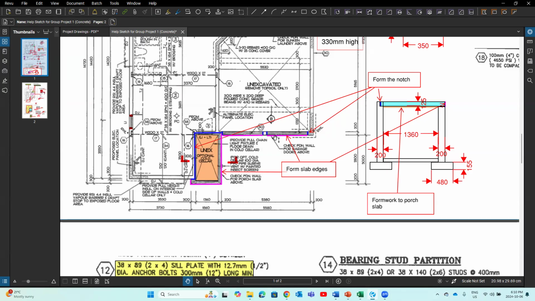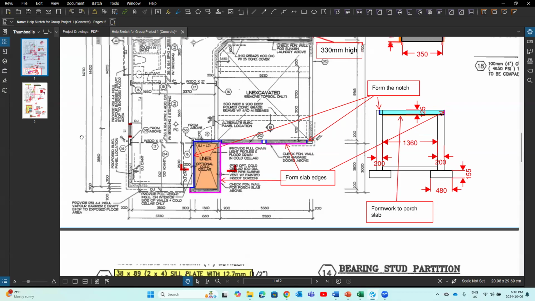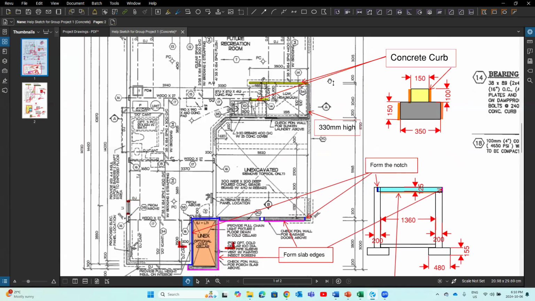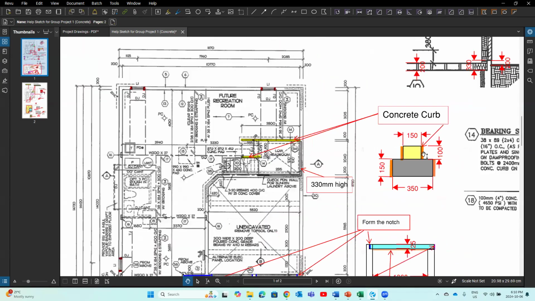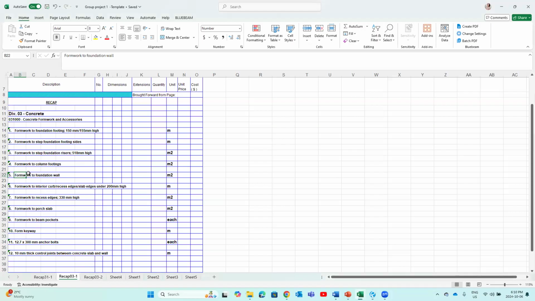We have one piece of foam here. Same thing for when we have a basement window, and also when we have this concrete curb, right? We need to put two pieces of the foam at both sides. So if we add all the lengths together, that will be the quantity for item number 6. You see, formwork to interior curb, recessed edges, slant edges, who are under 200 millimeter high.